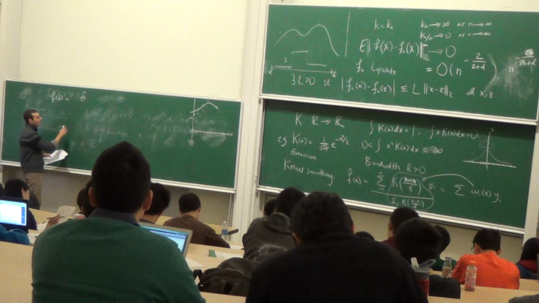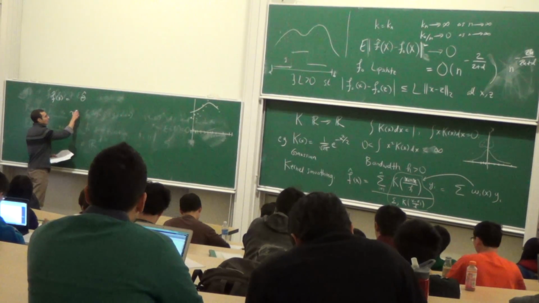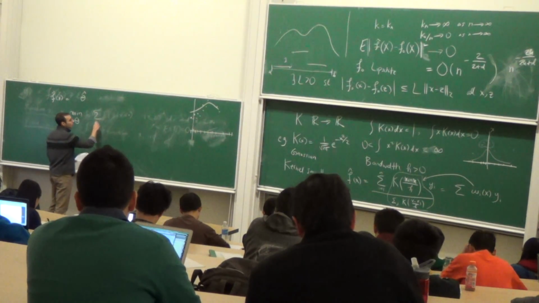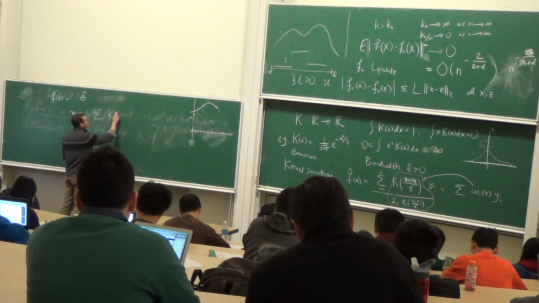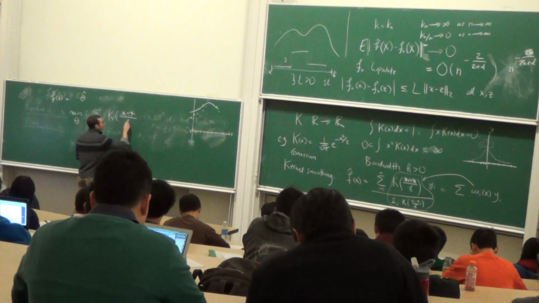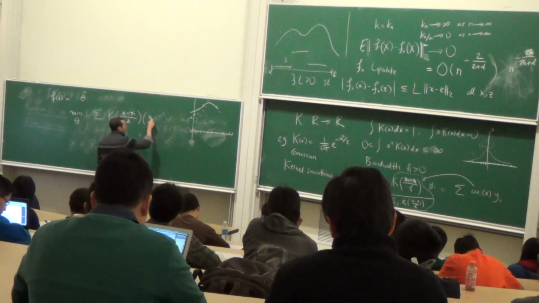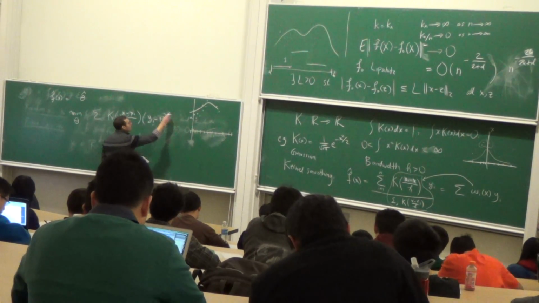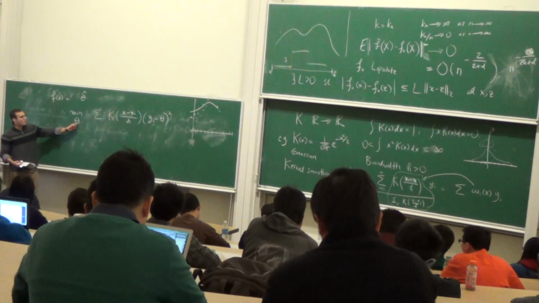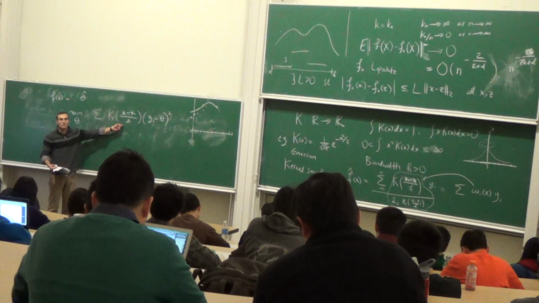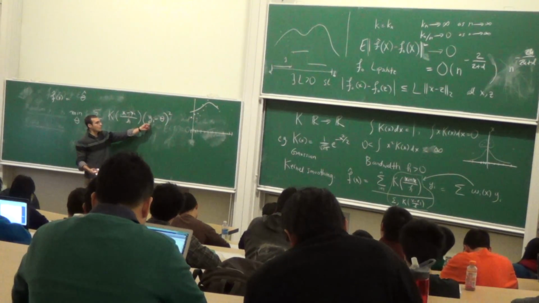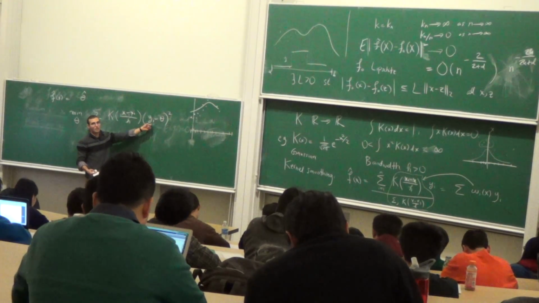I claim that theta hat minimizes the following criterion. Over all theta, I look at this weighted regression problem where I'm just choosing one parameter theta to minimize the weighted sum of squares of y_i minus theta.